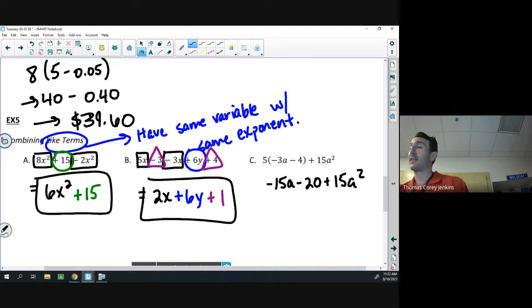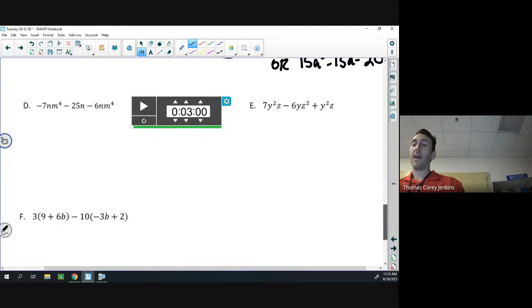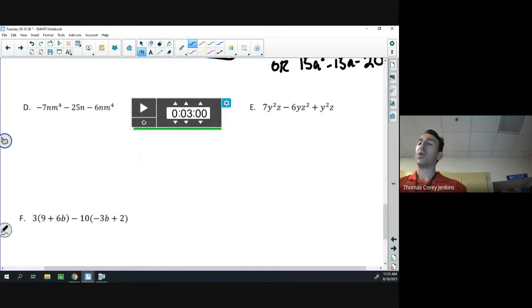So really this is a final answer, okay? You don't have to write this part down, but a lot of times you would see this written out as 15a squared minus 15a minus 20. That descending order. Don't really worry about that too much right now, but a lot of times you'll see it written that way.